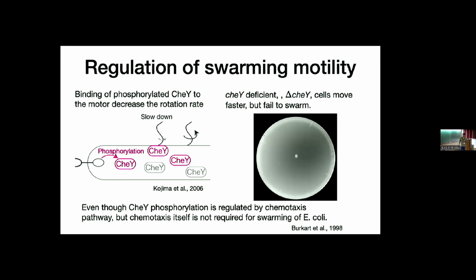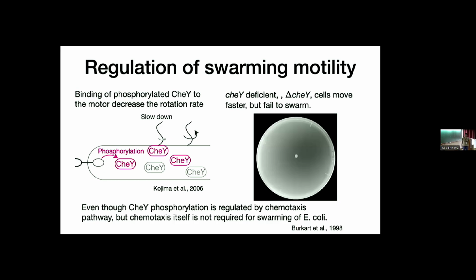Thus, the CheY-deficient cell, delta CheY, as we call it, moves very fast on the agar surface, but it fails to swarm like this.